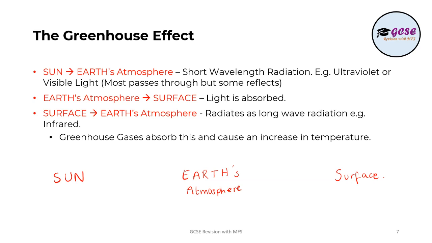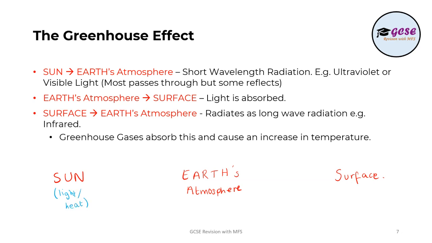Now, the sun radiates wavelengths, so it gives us light. The overall purpose of the sun is that it gives us light, and it also gives us heat.